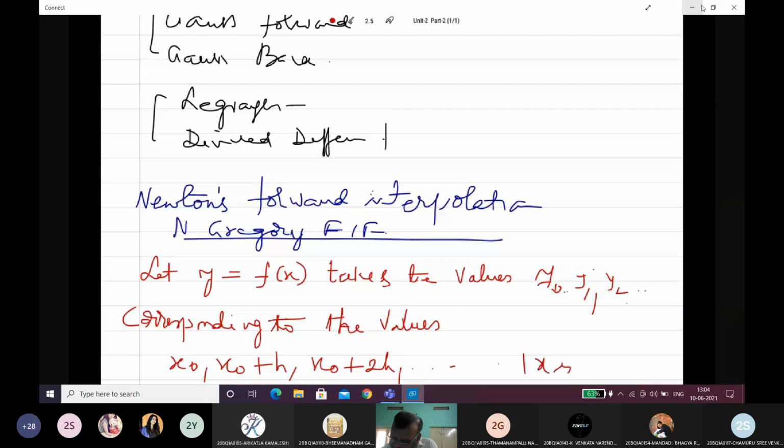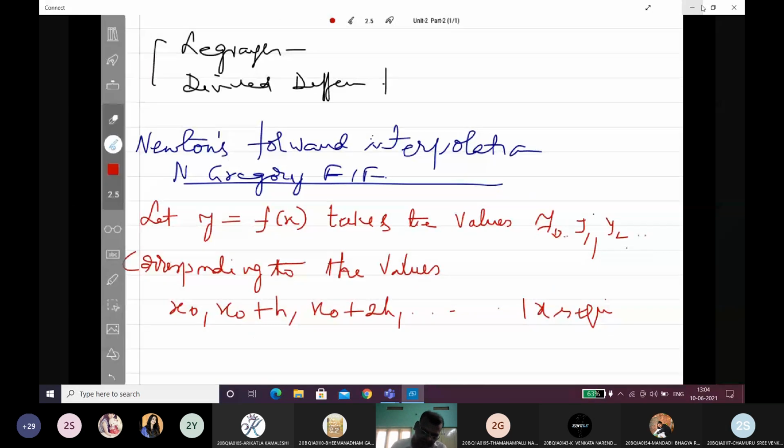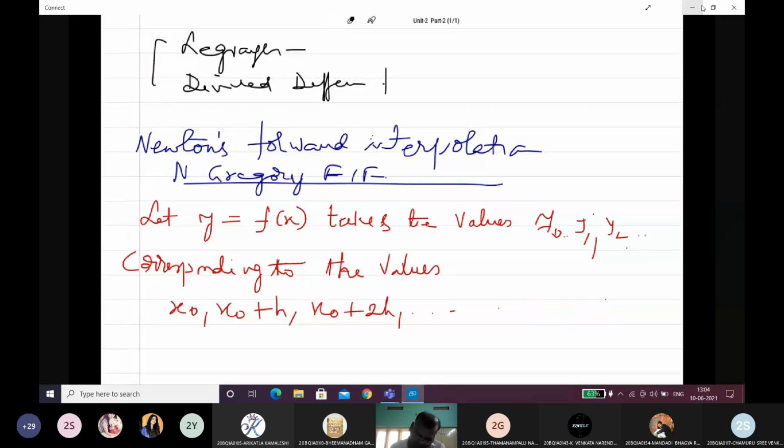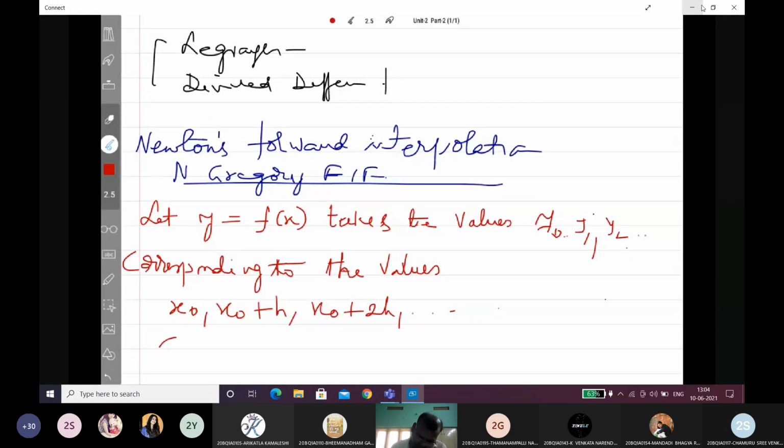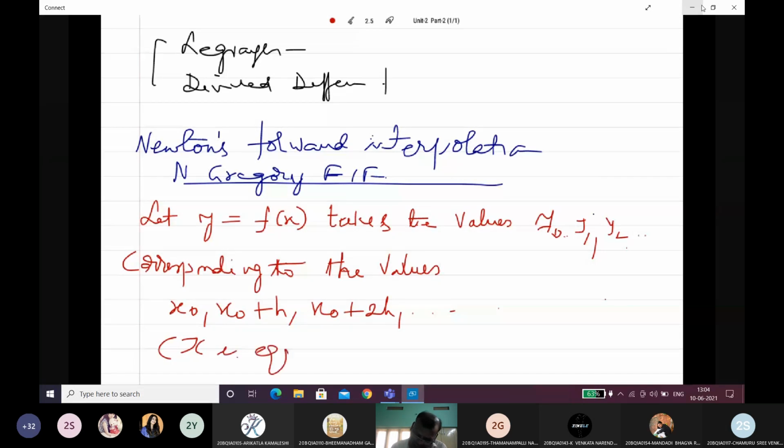X is equispaced. That is very important.